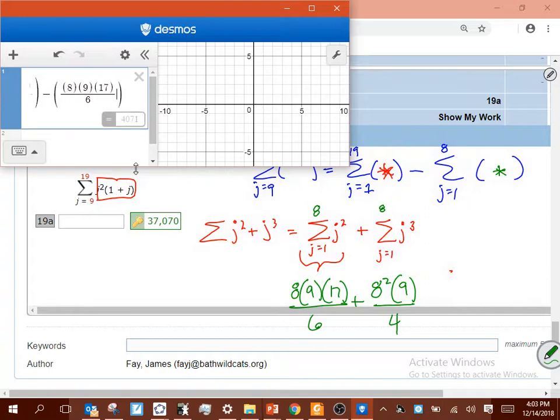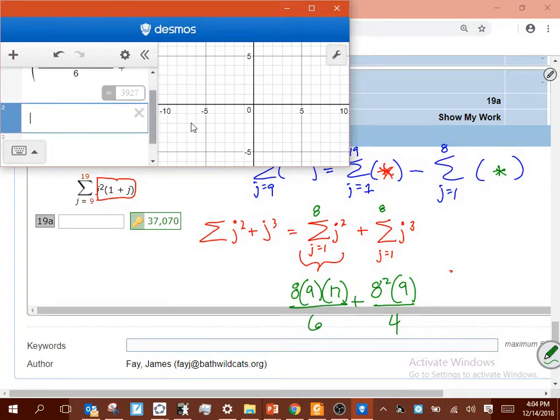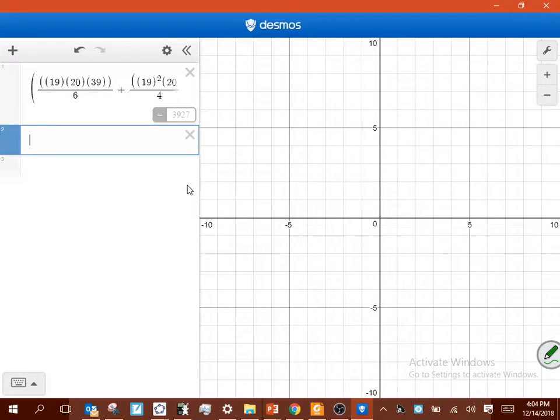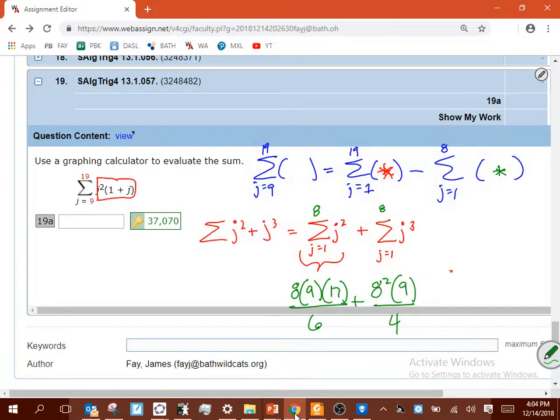But then I'd have plus, and it becomes, let's do 64 times 9 over 4. It gives me that number there. So I'm looking at 3927. Is that what we were looking at?